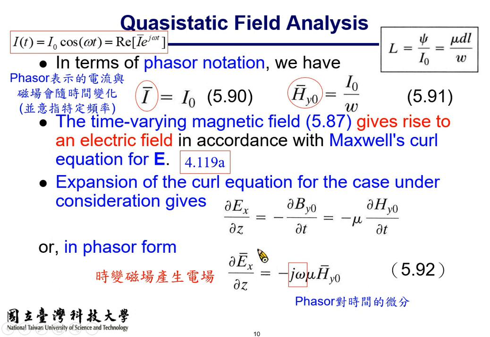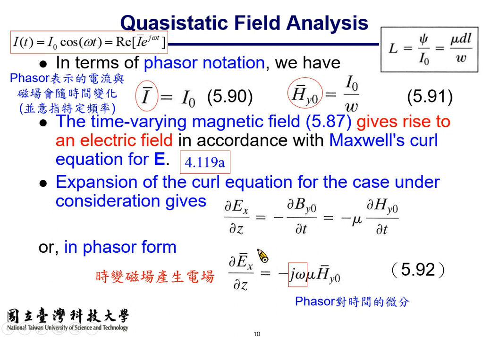So H is in the Y direction. Y direction is pointing into the blackboard, and Z is pointing into the right-hand side.